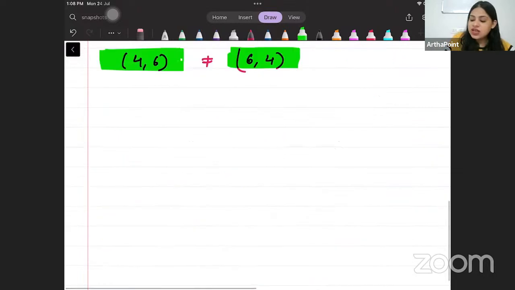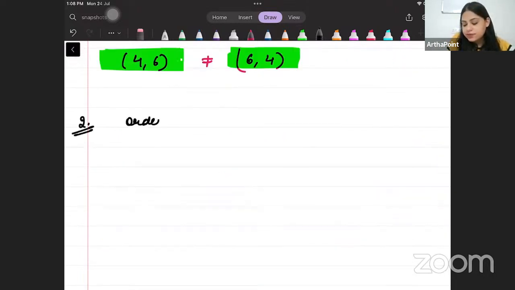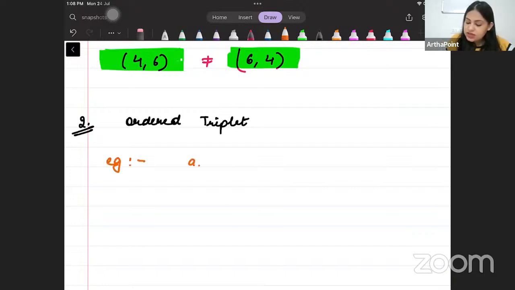Now let's go to the second concept of the day, beta, and that is called ordered triplet. So beta, what is an ordered triplet? Again, very similar thing. Three elements grouped together form an ordered triplet. So take an example, beta.